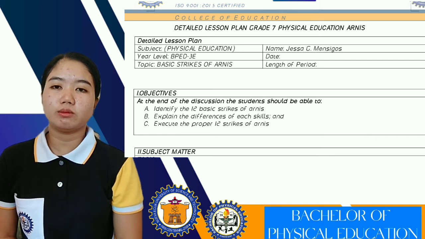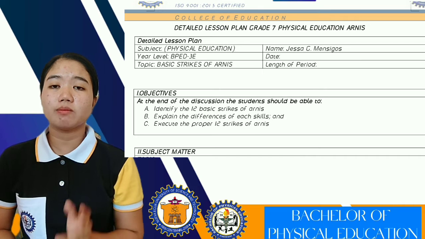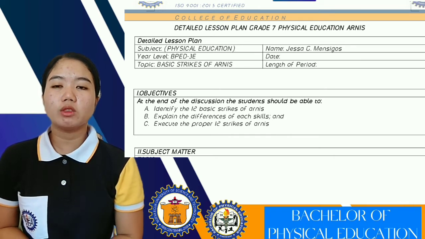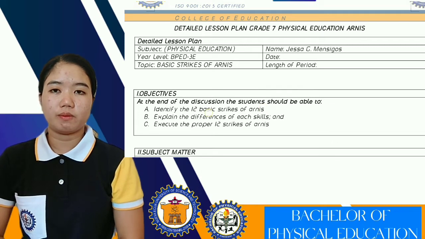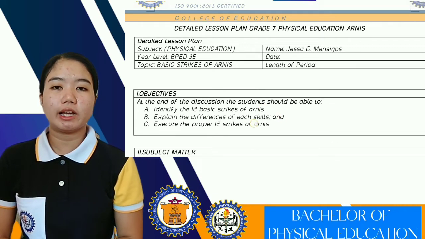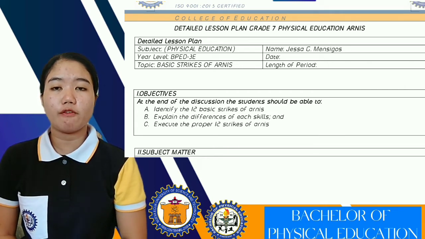And for the psychomotor, dito naman pumapasok yung physical movement, and it may answer the question, what do we want our students to do after the discussion? So dito masusukat yung kakayahan ng students mo on how to perform the proper execution of the 12 basic strikes of Arnis.